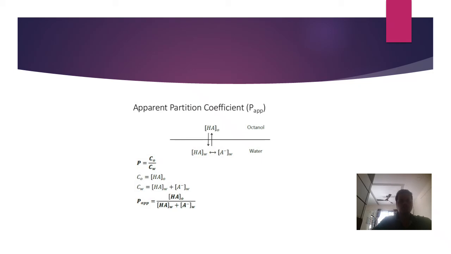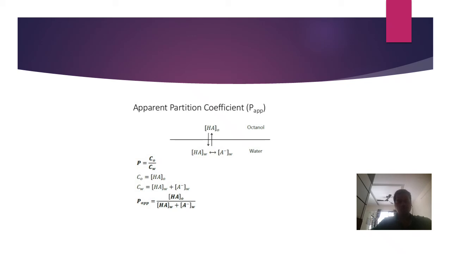Say, for example, we have kept an acid HA in the octanol phase, but as that acid has an affinity towards the water, it gets dissociated in the water, and so we can simply calculate the value of log P as Co by Cw. So by doing the calculation, we can find out the value of log P. So what is the value of log P?